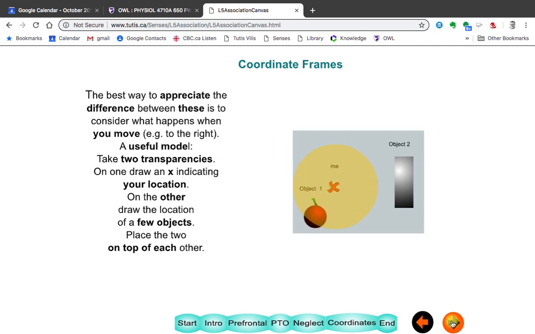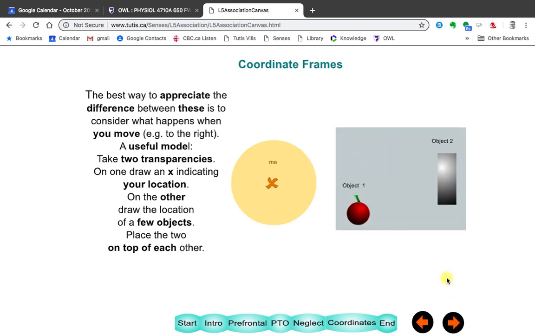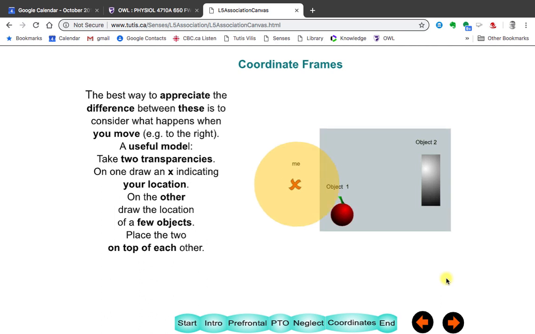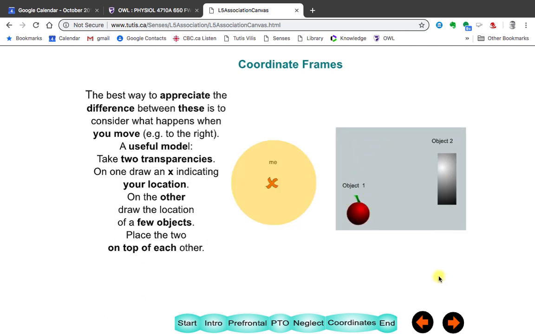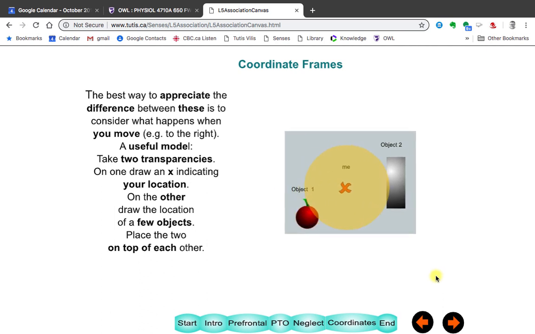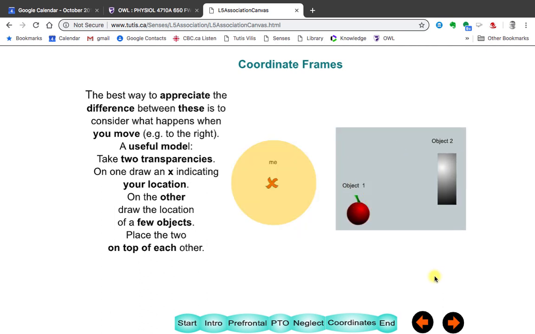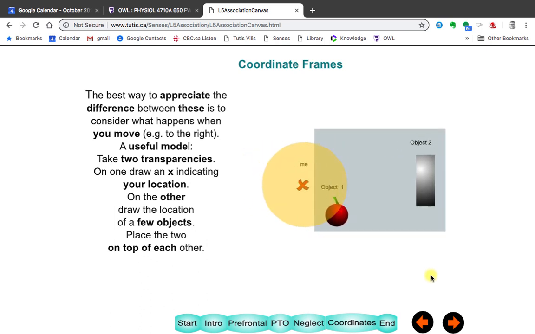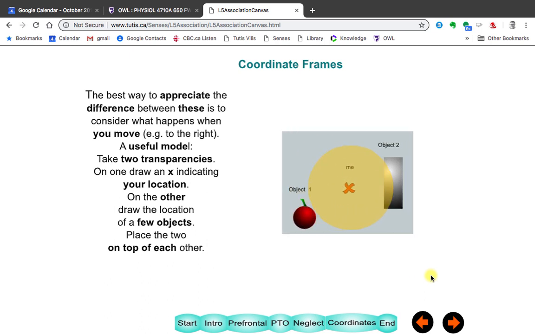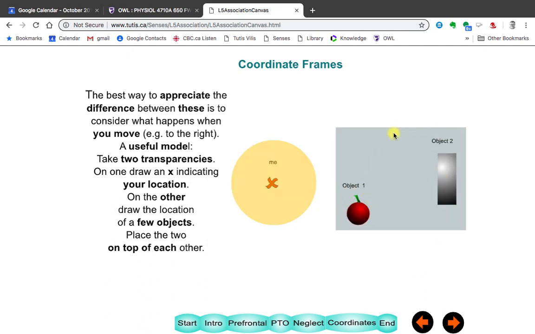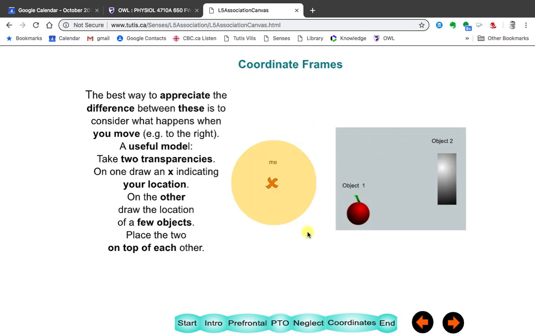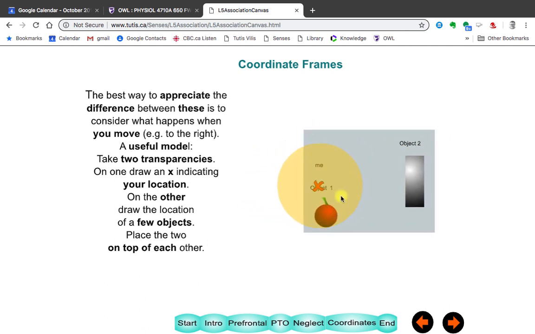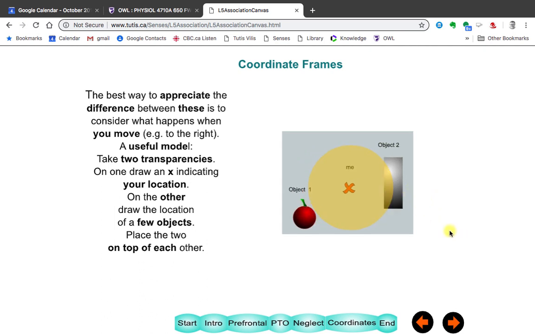Now, to grasp what's different about these two ways of thinking about allocentric or egocentric, one way is to make it two transparencies. The yellow one is an egocentric one, representing you in the center. The allocentric one is this one in gray, and it represents, let's say, a table with two objects located on it.